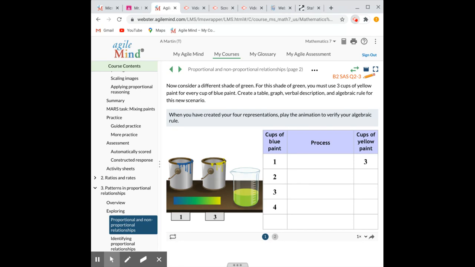What about for 3? What would we get? 9. Good. How are we getting 9, Sarah? We do 3 plus 3 plus 3. Perfect. For 4, we can times it by 3. Perfect. Rasiah, what would we get for 4? 12, I think.